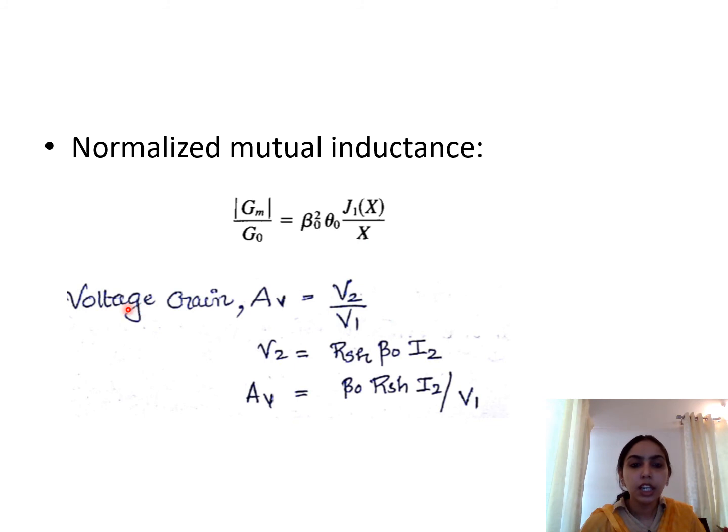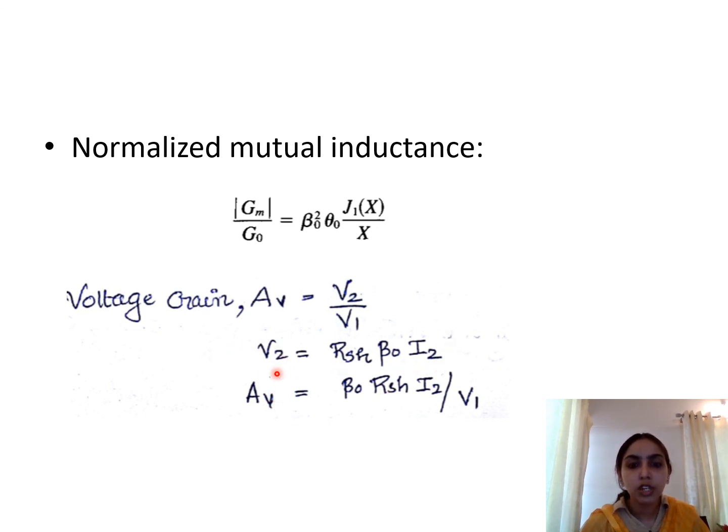Now we can write the expression for voltage gain AV to be V2 divided by V1. V2 here is the output voltage in the catcher gap and V1 is our input microwave signal voltage. V2 I can write as RSH beta naught I2, as already seen.